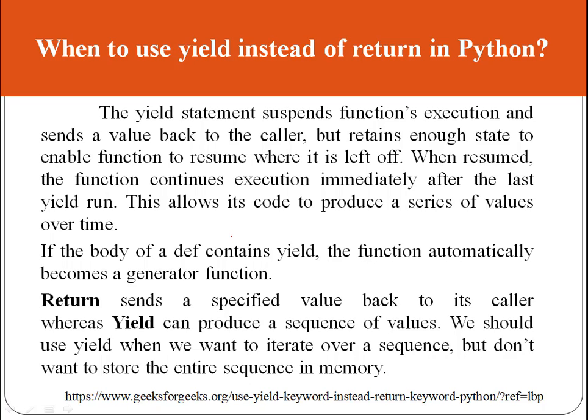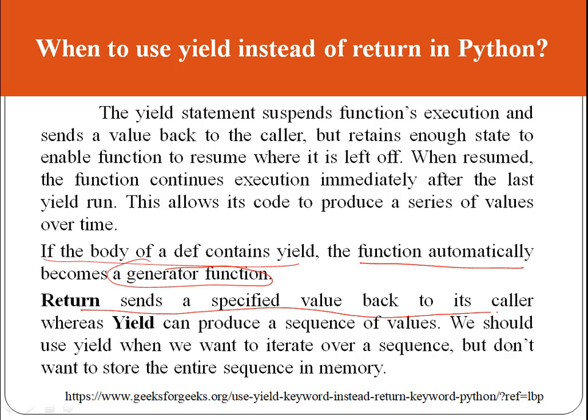This allows its code to produce a series of values over time. If the body of the def contains yield, this function automatically becomes a generator function. Return sends a specified value back to its caller, whereas yield can produce a sequence of values.